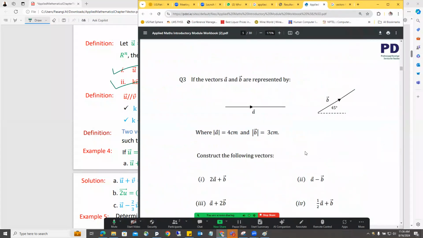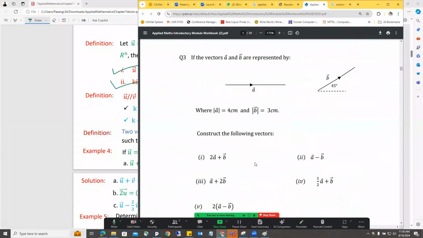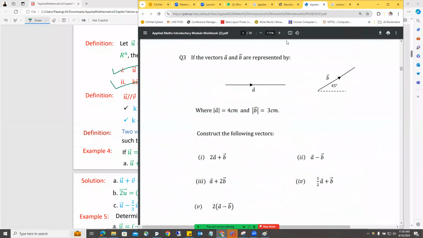Then addition, right? Okay, this one. If the vectors a and b are represented by, here we have vector a and here we have vector b, where the magnitude of vector a is 4 centimeters and the magnitude of vector b is 3 centimeters. Construct the following vectors.